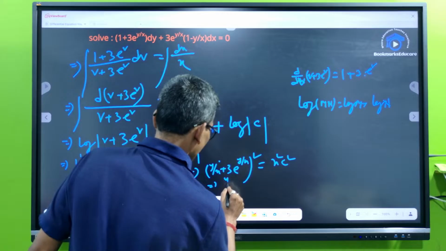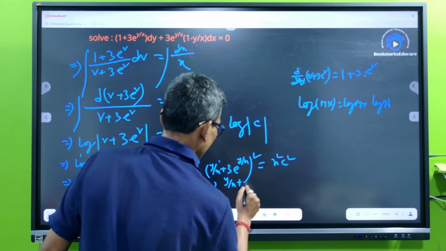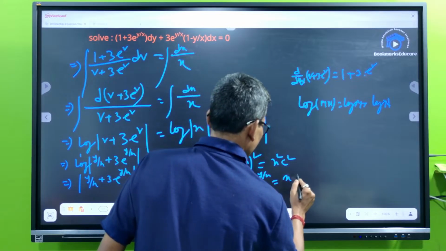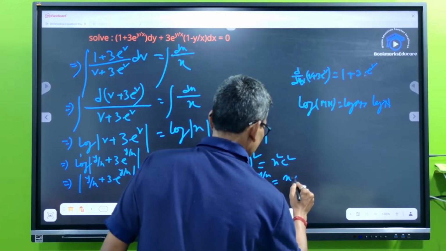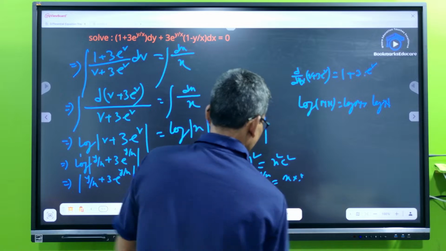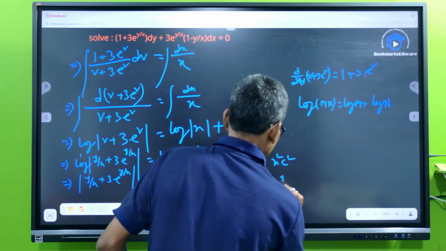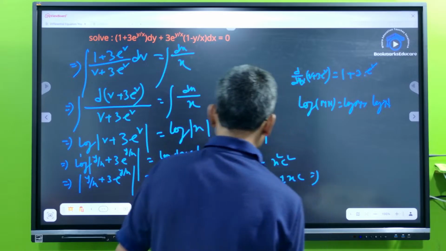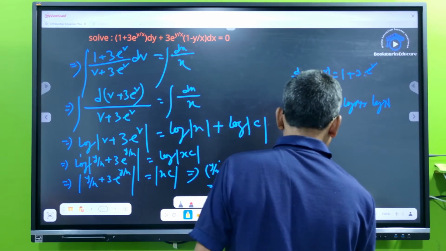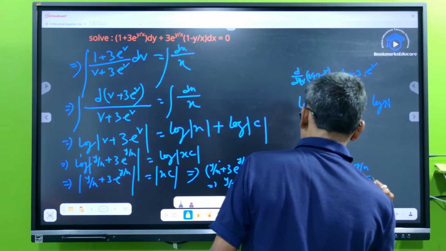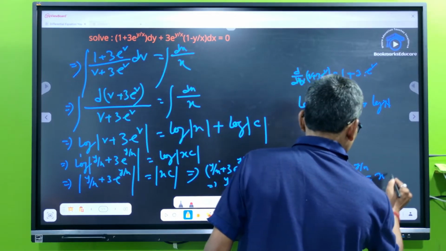So y/x + 3e^(y/x) is equal to x into plus minus c. So y/x + 3e^(y/x) is equal to x into k.